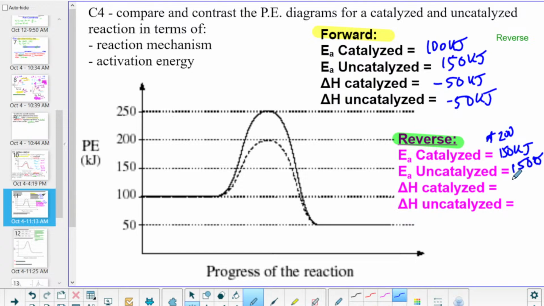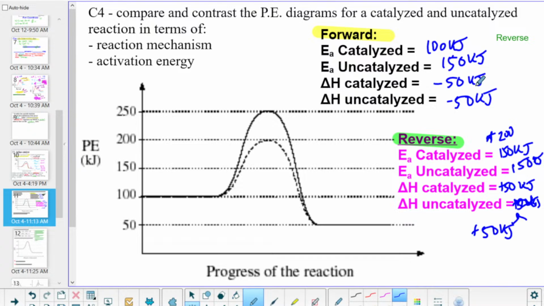I'm just accepting whatever anybody says. Gonna check it at the end. Chloe, delta H catalyzed for the reverse reaction. Plus 50 kilojoules, good. Sophia, delta H uncatalyzed in the reverse direction. Plus 50 kilojoules.